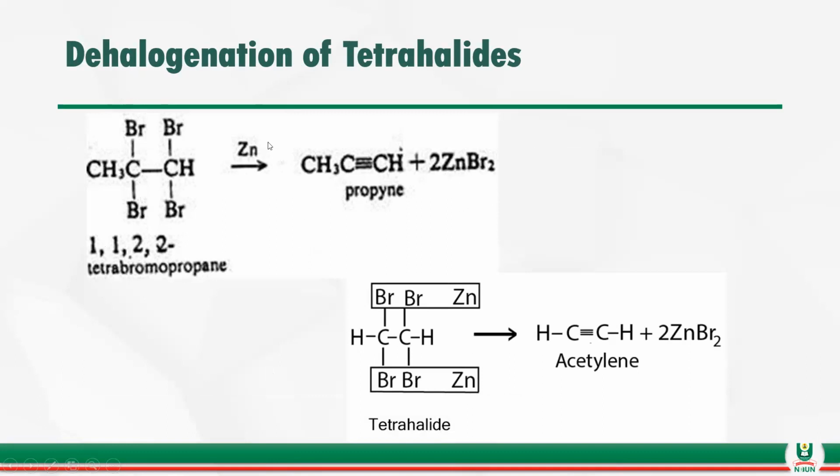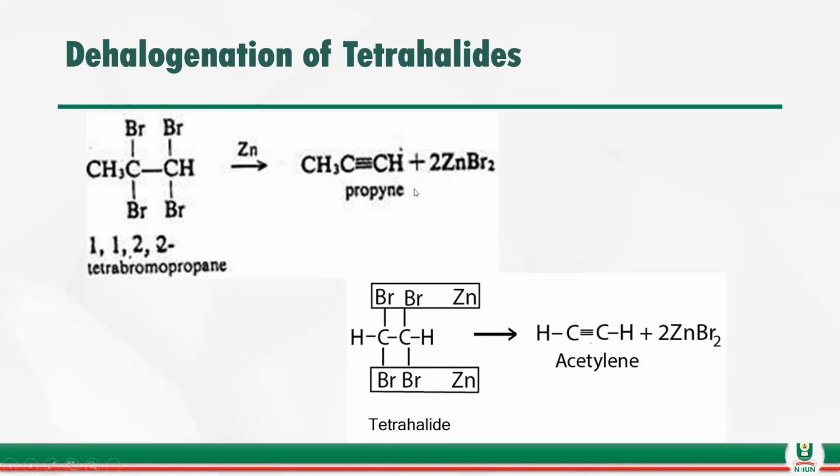If you treat this with zinc, okay, this zinc should be 2 molecules, not 1 molecule. If you treat it with 2 molecules of zinc, you are now going to remove the bromide as zinc bromide. You can see zinc bromide here. Because zinc is divalent, zinc is definitely going to take 2 bromine atoms. So 2 molecules of zinc will pick the 4 bromides. And as soon as that is done, there will be formation of propyne.